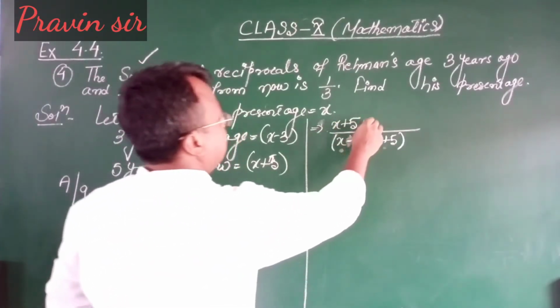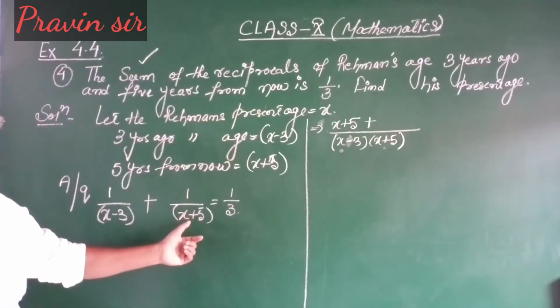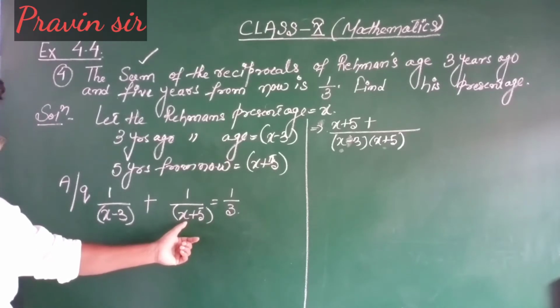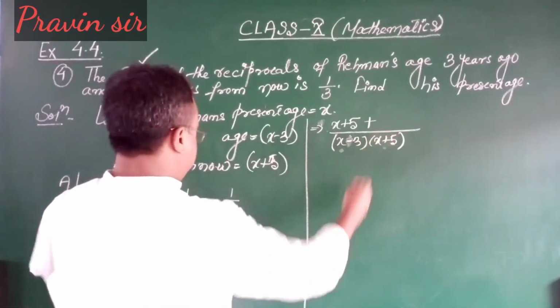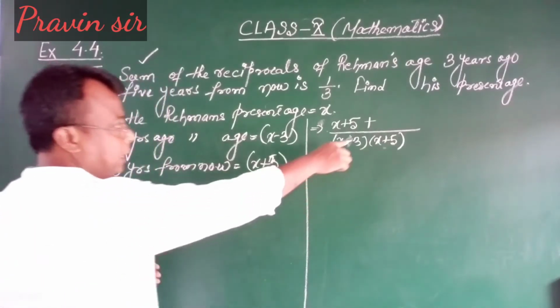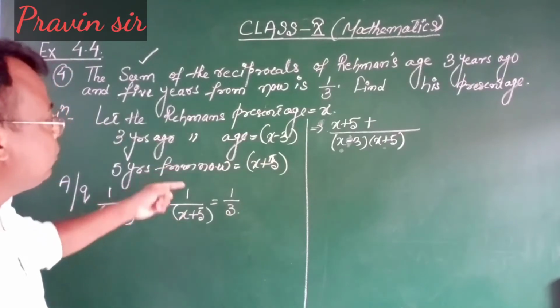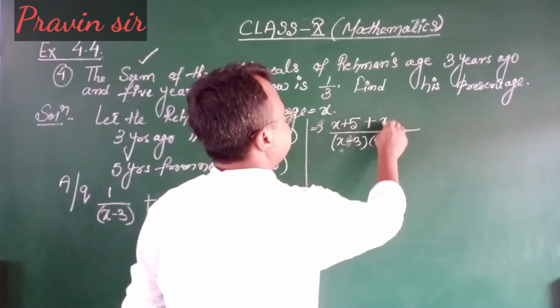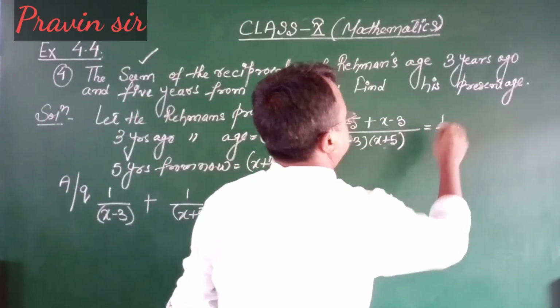Then plus, here also LCM divided by the denominator. The x plus 5 and x plus 5 cancel, x minus 3 is left, so x minus 3 into 1, x minus 3, is equal to 1 by 3.